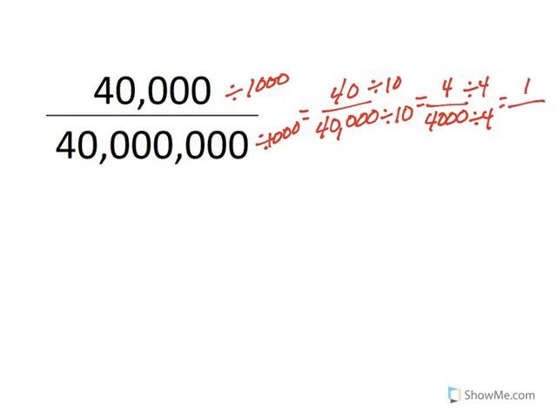And 4,000 divided by 4 is 1,000. So, 1 out of every 1,000 people in the early 1870s were cowboys.